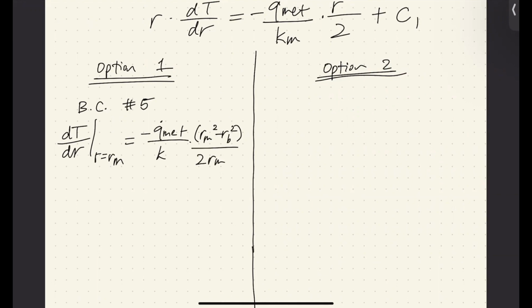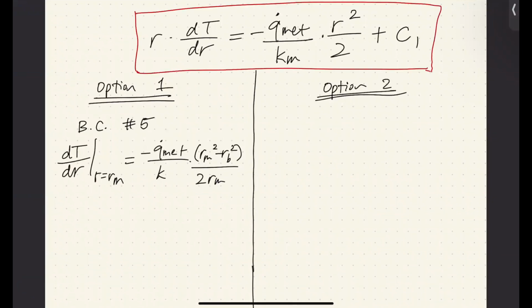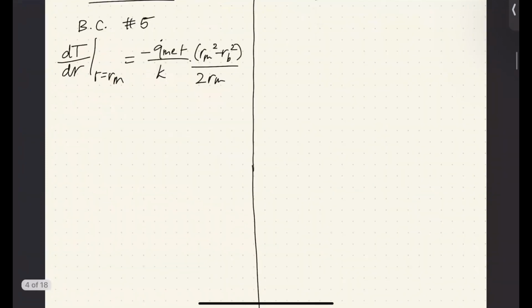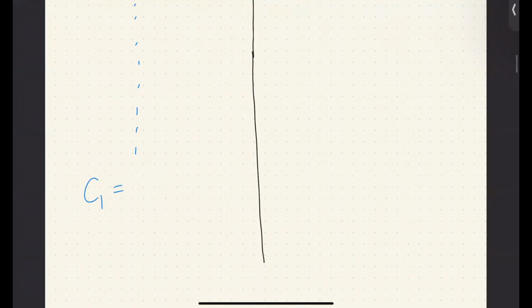We know this boundary condition, and we can plug it into this expression that we have right over here, and then we will actually find C1, okay? C1 equals boom, you're going to get something.